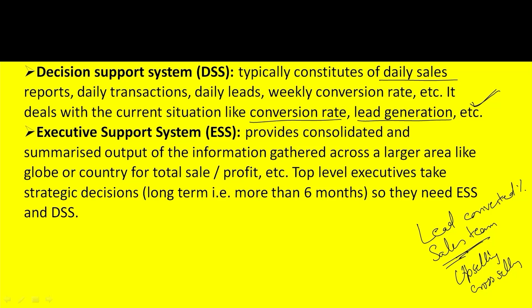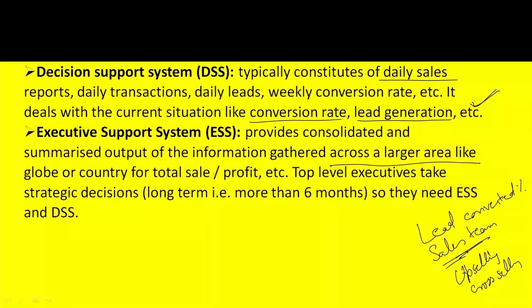Now, the highest element of a marketing management information system is ESS, that is Executive Support System. It provides consolidated and summarized output of the information gathered across larger areas like the globe or a country or a state, or maybe North India and South India or maybe Asia Pacific.